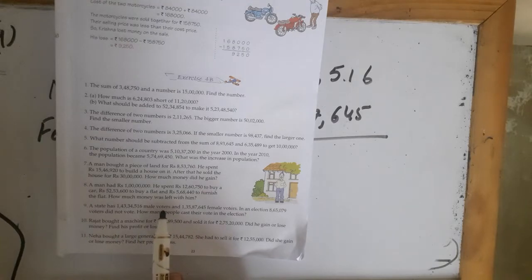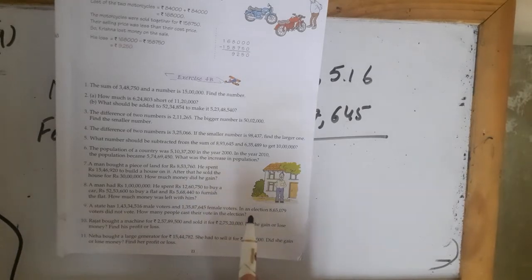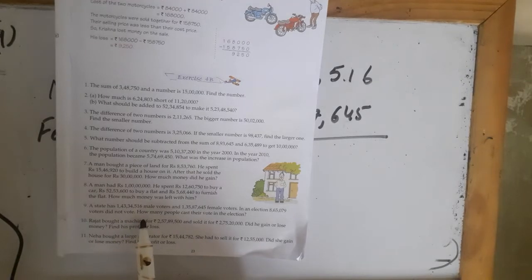People who vote, who vote to elect someone. So a state has around 1 crore male voters and around 1 crore 35 lakhs female voters. In an election, 8 lakh voters did not vote. So how many people cast their vote in the election?